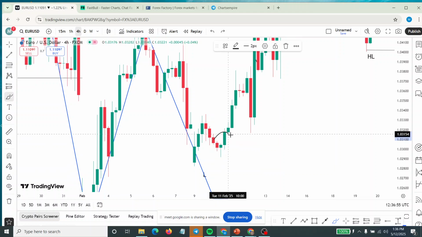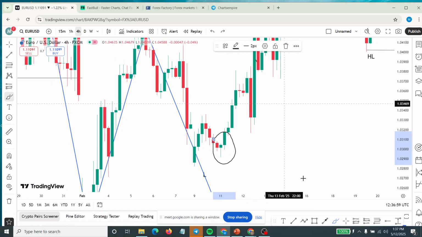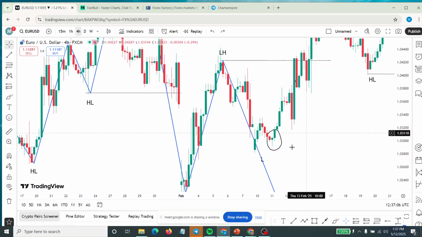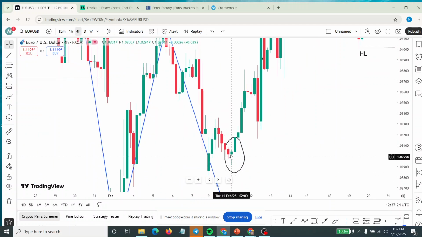We know that 3 white soldiers is a momentum candle, but that's not what led to the change of the trend, that led to these buys pushing up. There's a three candlestick pattern. I want someone to tell me. This is the first one, the second one, and the third one. The first one is the bearish candle, the second one is this middle one, and the third one is this.